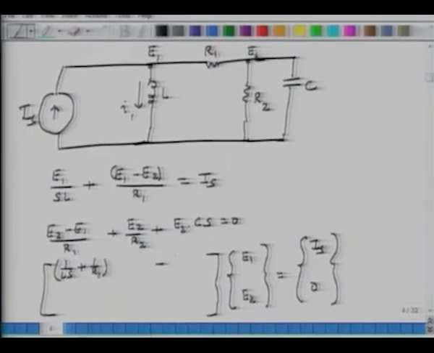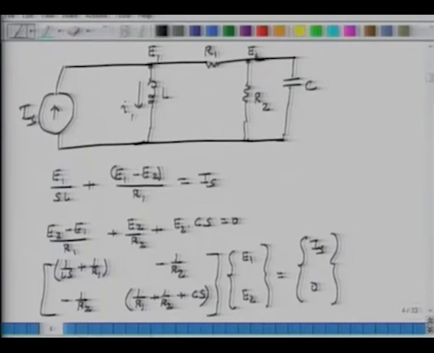Then I have a negative 1 over R2. Again I get negative 1 over R2. Then I get here 1 over R1 plus 1 over R2 plus C times S.